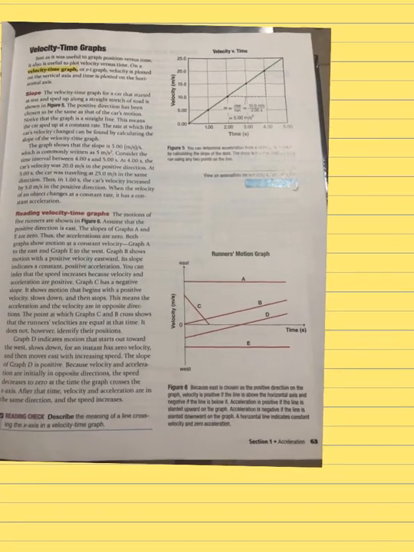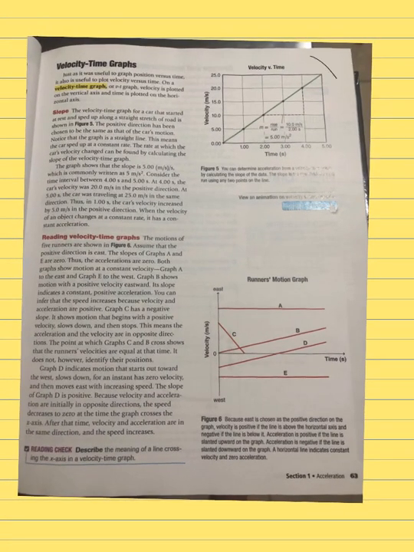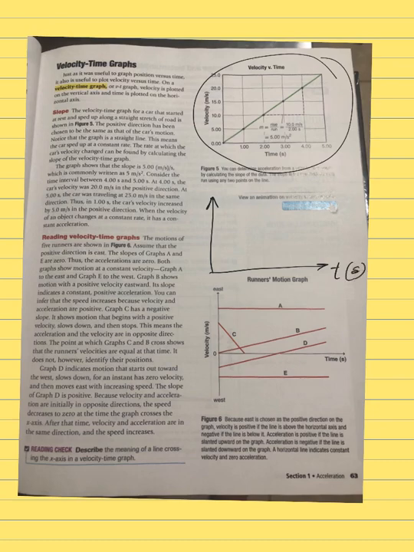What is this? This is a graph. Velocity versus time. You're familiar with the graph. Time in seconds, velocity in meters per second. When you have a horizontal line, what does that mean? Constant. The velocity is constant.